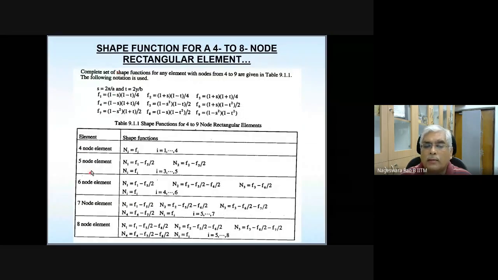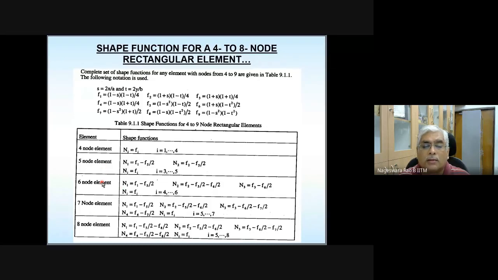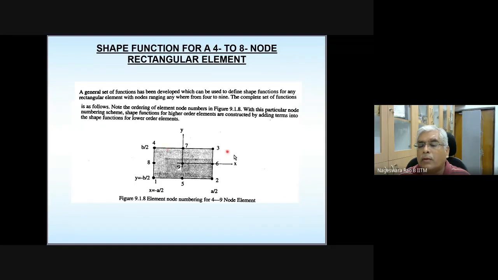What about 5 node, 6 node, 7 node, and 8 node elements? They are serendipity elements. So here the general expressions are given for this kind of node numbering, and this is the node numbering that is adopted.